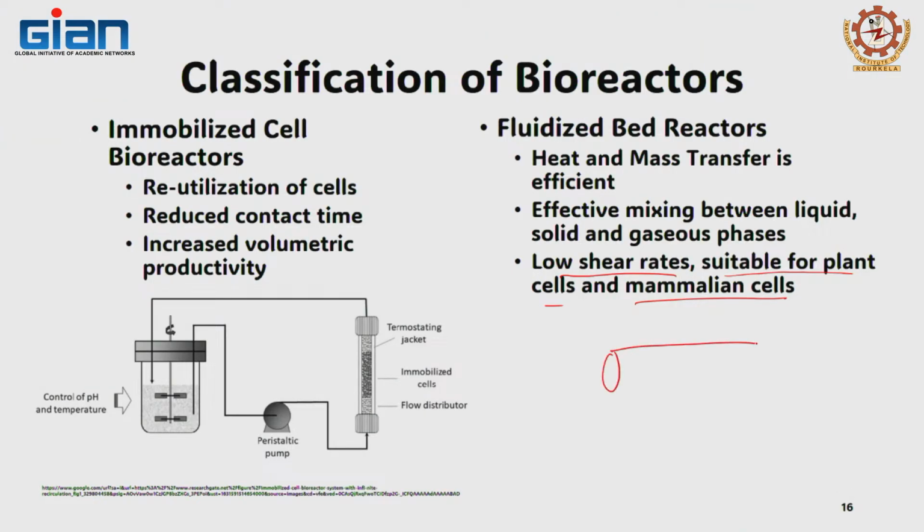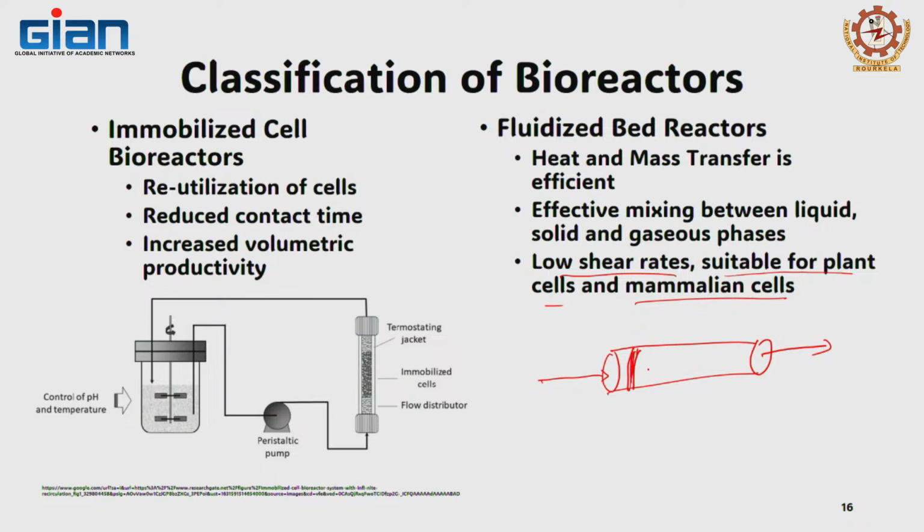Those who know it, please help me out. Okay. So, in the chamber, do you have the cells immobilized? Or what do you have in the chamber? Because that's a plug flow reactor, right? So, in my understanding, you're passing the substrate as a plug.